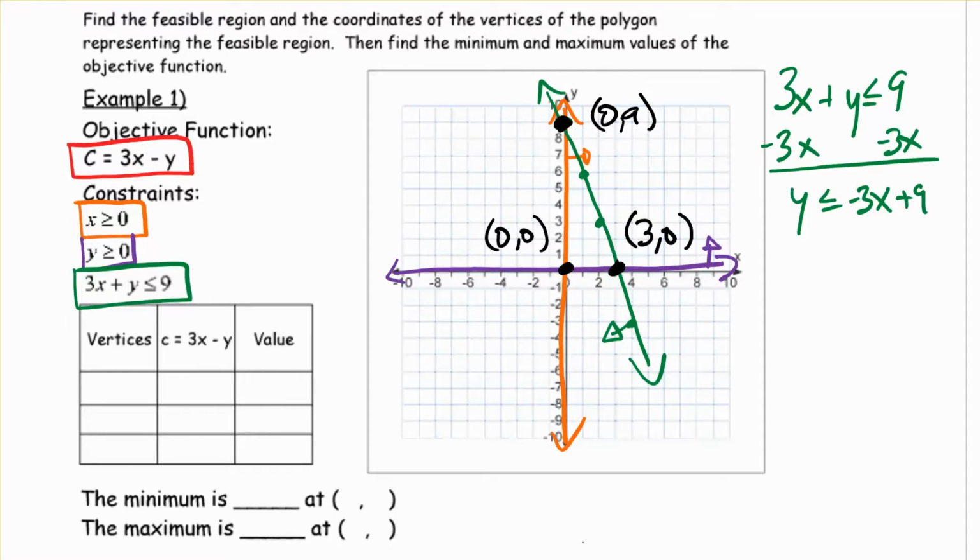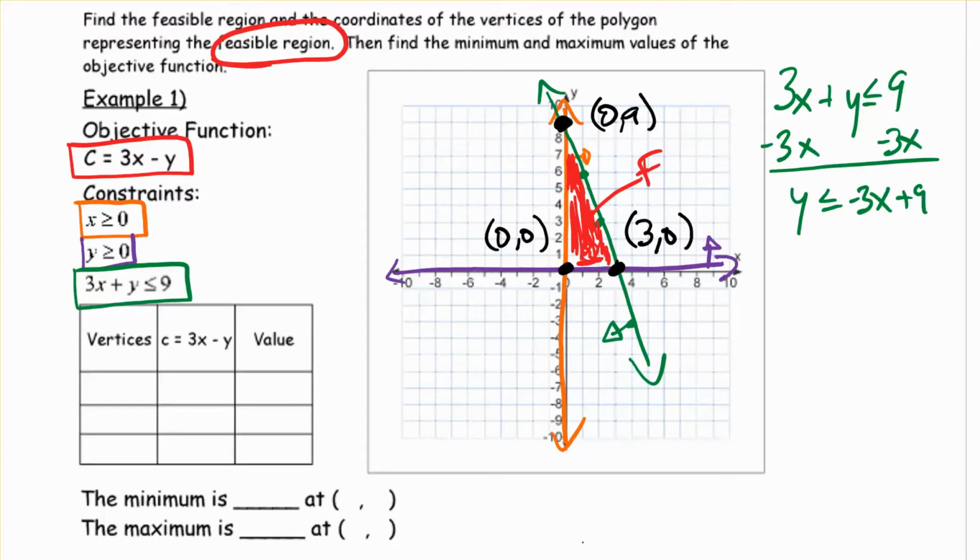Because our shaded region, if we were to shade above the orange line, below the green line, and above the purple line, this region in here is our feasible region. So this is our feasible region right here.